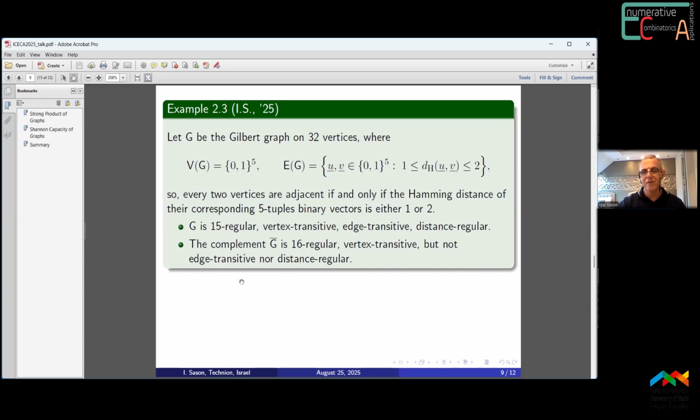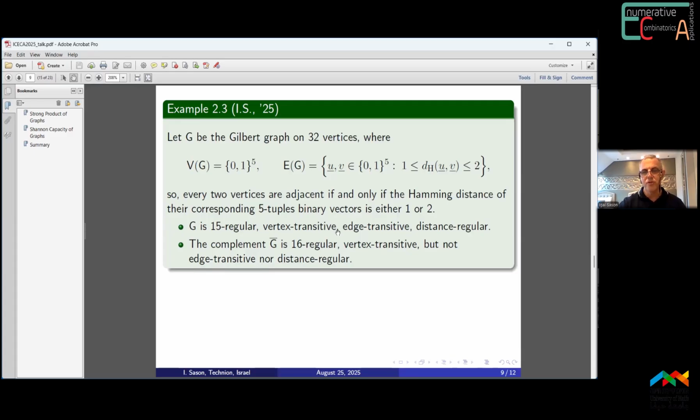And the fact that G is H transitive and G bar is not H transitive was a necessary condition for this example to have a chance to form, to form an explicit expression for addressing this question.